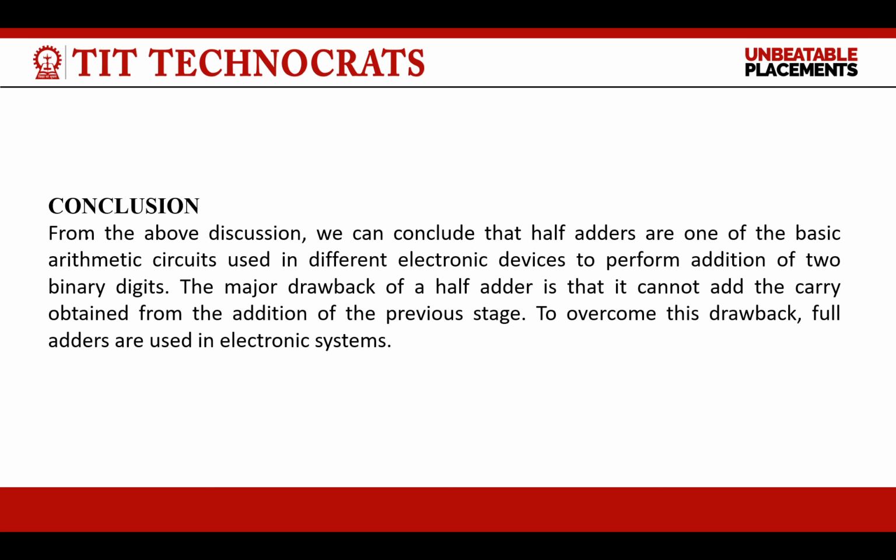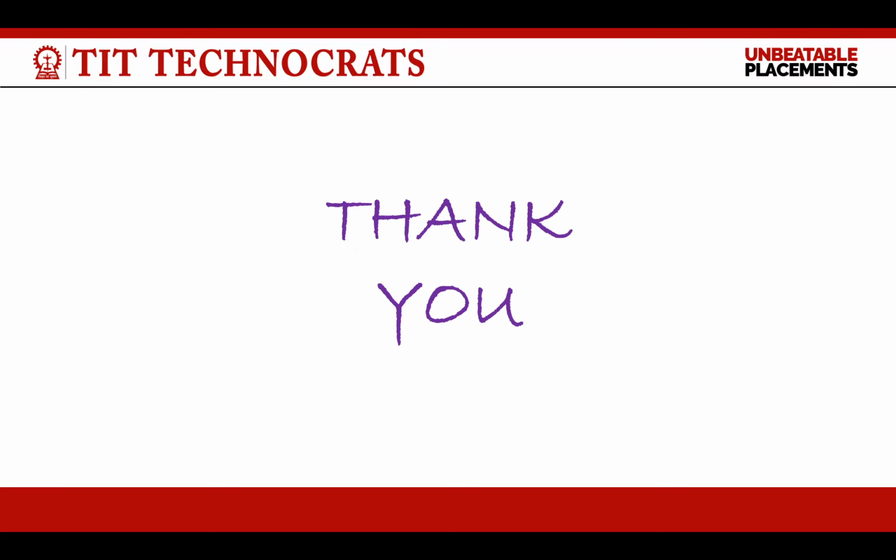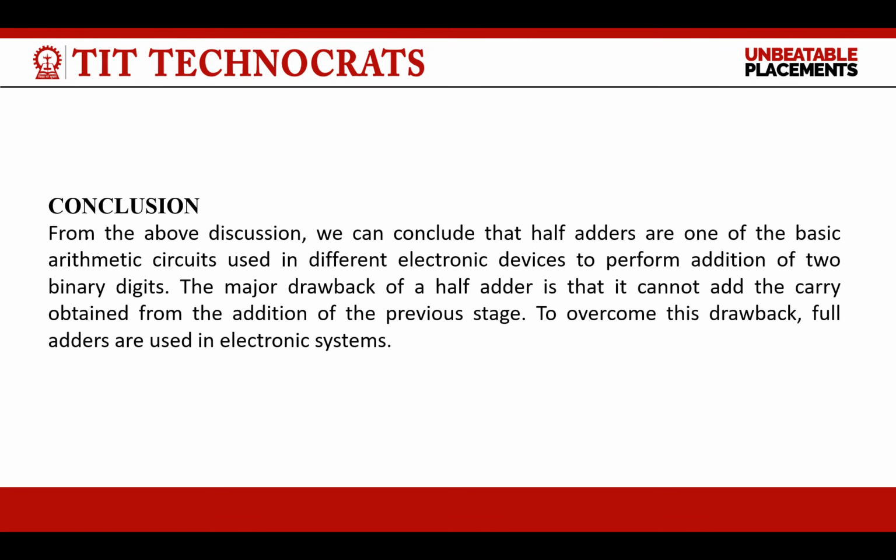At the end, to conclude on the half adder, from the above discussion we can conclude that half adders are one of the basic arithmetic circuits used in different electronic devices to perform addition of two binary digits. The major drawback of a half adder is that it cannot add the carry obtained from the addition of the previous stage.